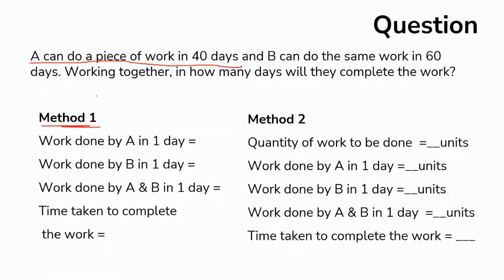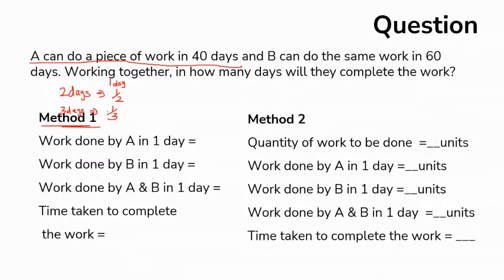For example, if I'm saying that you can do the work in 2 days, in 1 day how much piece of work can you do? I can do half of this work. If I am saying you can do the work in 3 days, how much work can you do in 1 day? It is 1/3 of the work.